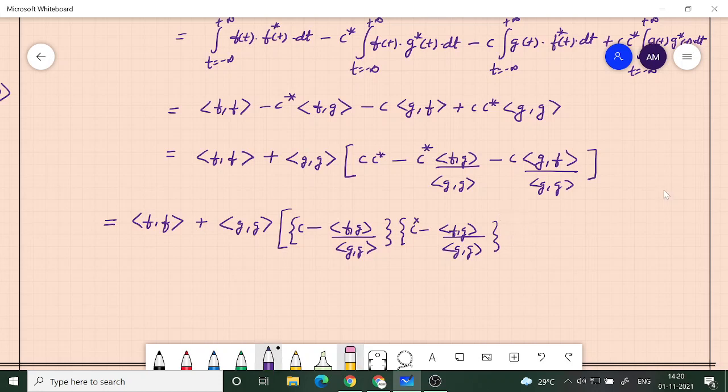So it will be here as well as here. Now the conjugation of F comma G is basically G comma F.